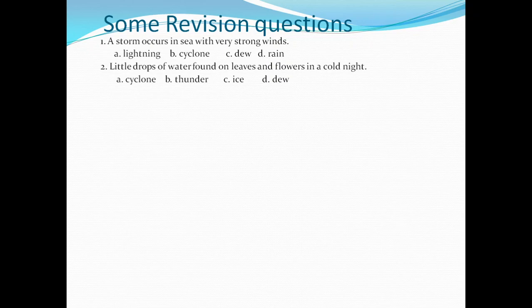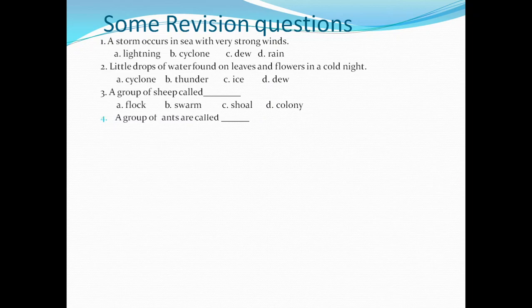Cyclone, thunder, ice, or dew. Okay, a group of sheep is called what? Flock, swarm, shoal, or colony. A group of ants is called swarm, colony, pack, or herd.